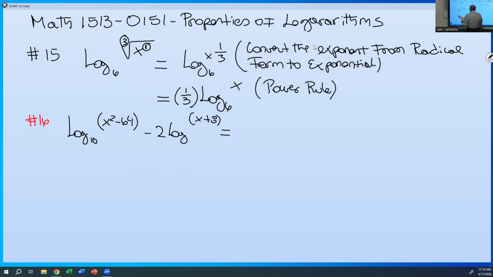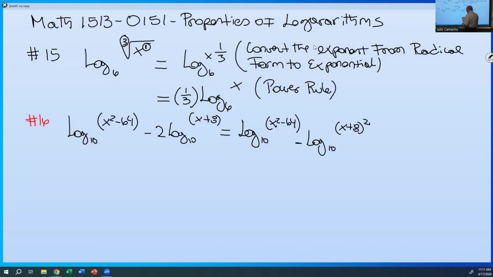The first one doesn't have a power rule applied, but the second term, we apply the power rule. So if we do that, it would be the log, base 10, of x squared minus 64, and that is a polynomial, and then I will reverse the power rule in the second term. So it will be minus the log base 10 of x plus 8 squared.